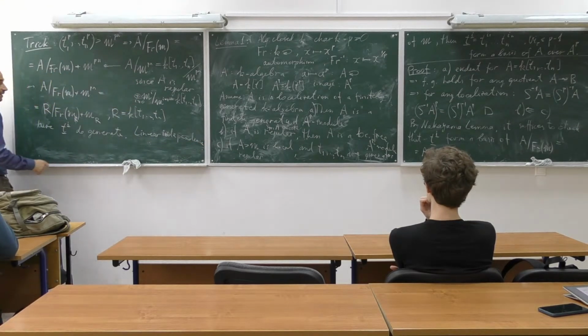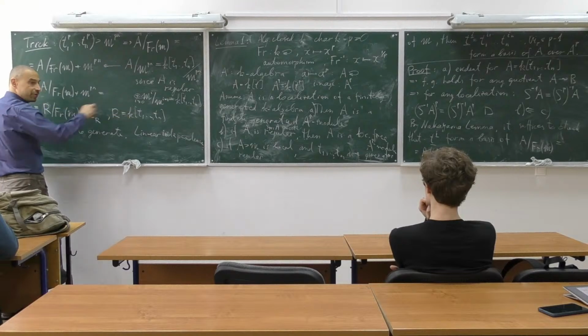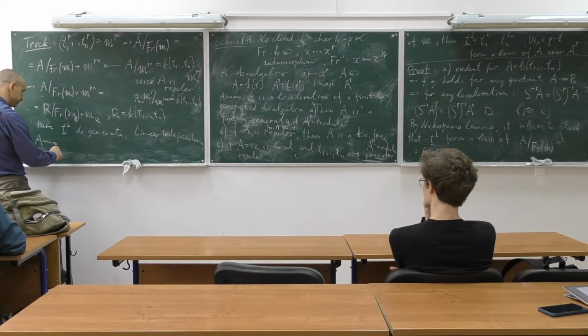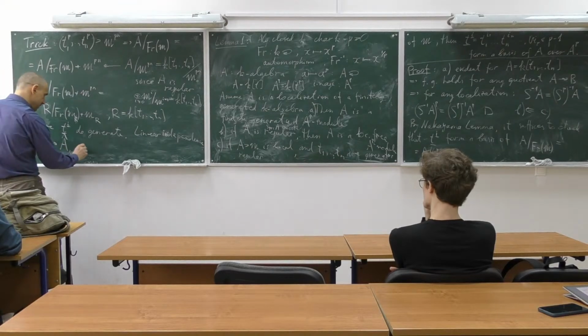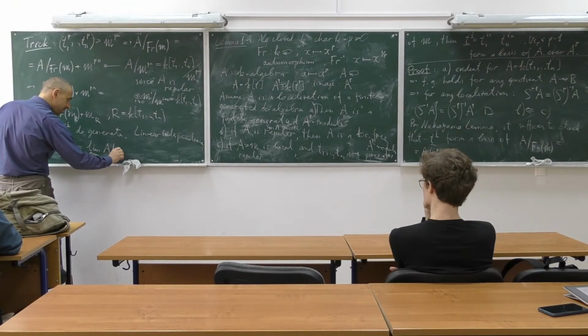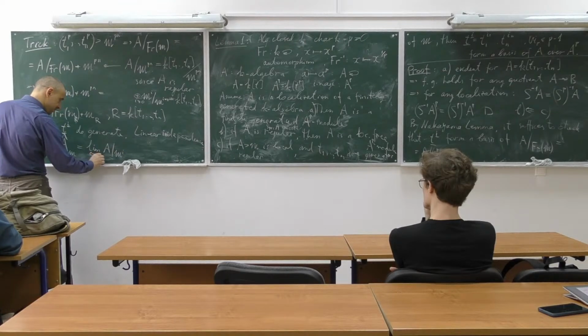And then it's the continuation of the same trick, that we can embed A into its completion at this maximal ideal, right? So the inverse limit of A modulo m to the power I, as I goes to infinity.